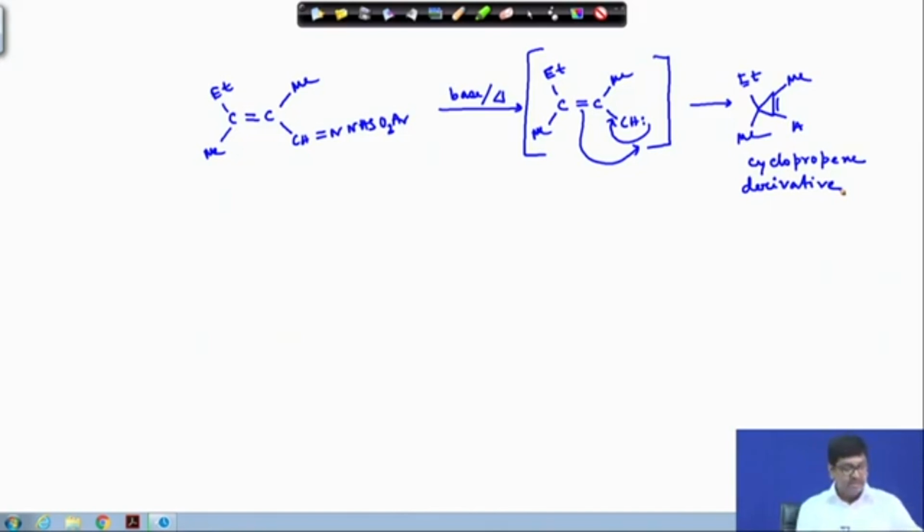Next we will see that if we generate different types of cyclopropylidenes, then how that can rearrange to another class of products that is called allenes.